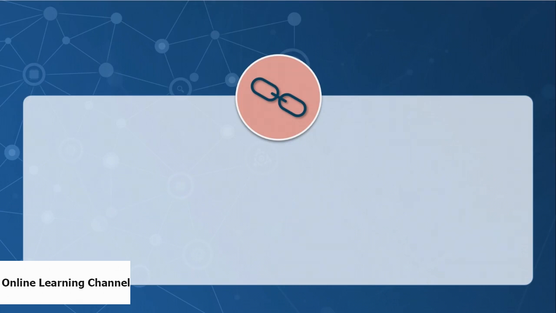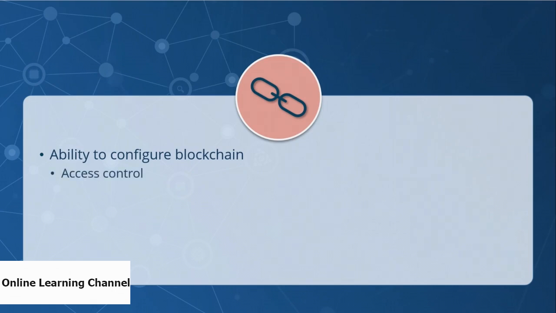And in addition, many enterprises will want the ability to configure the blockchain network rather than use a prepackaged solution without any configuration options. Some of the details which they would like to control include who has access to the system and what degree of access. They may also want some degree of control over the security settings in the blockchain network.